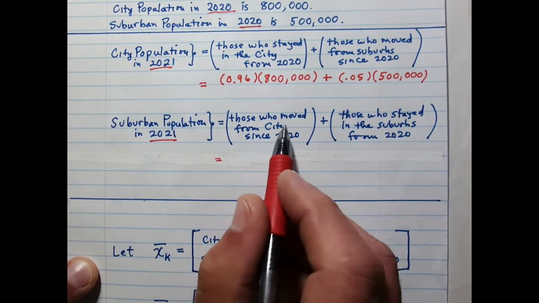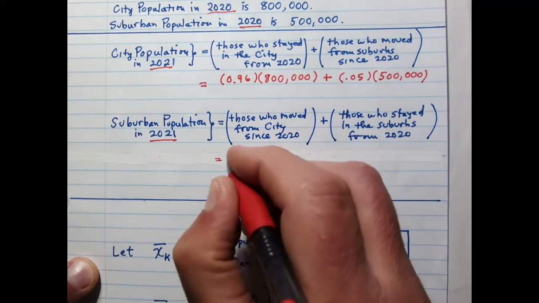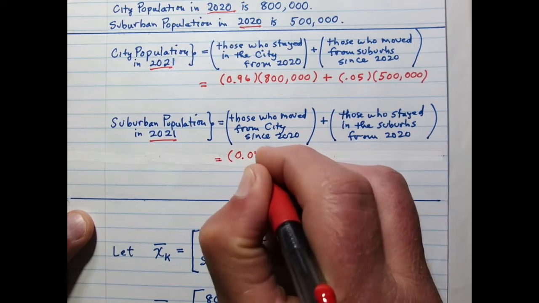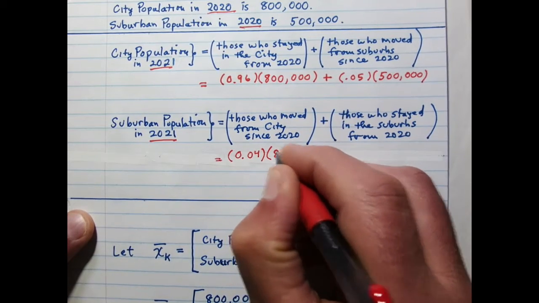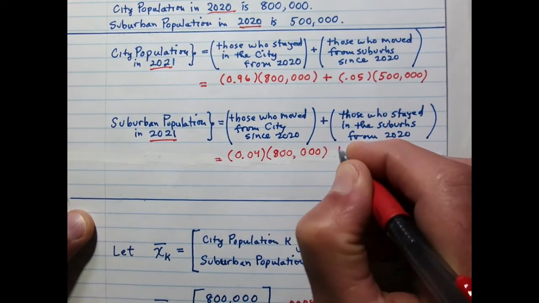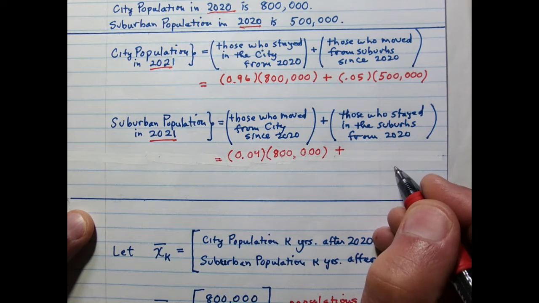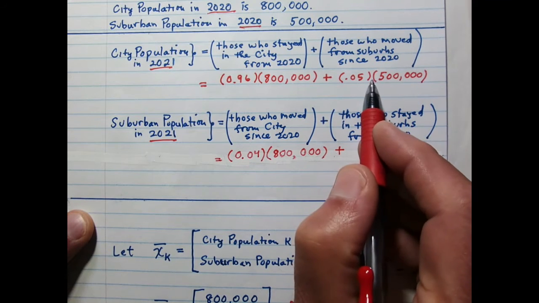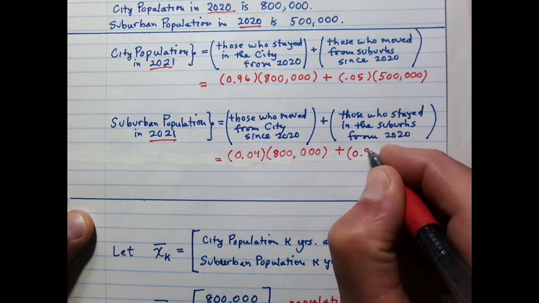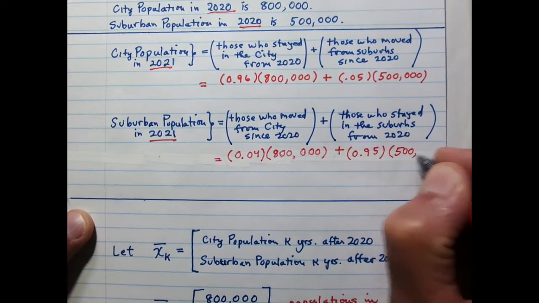So if I look at those who move from the city to the suburbs, that's going to be 4% of the city population, so 0.04 times 800,000, plus those who stayed in the suburbs from 2020. We know 5% of the suburban people moved away, so 95% of the 500,000 are still in the suburbs.